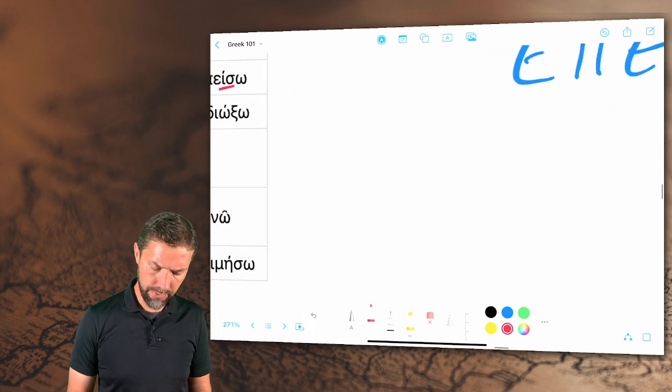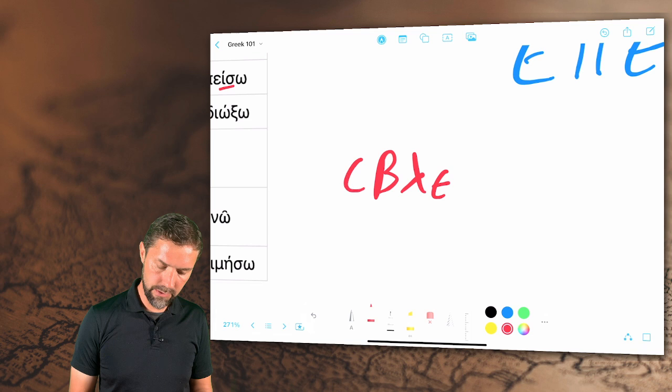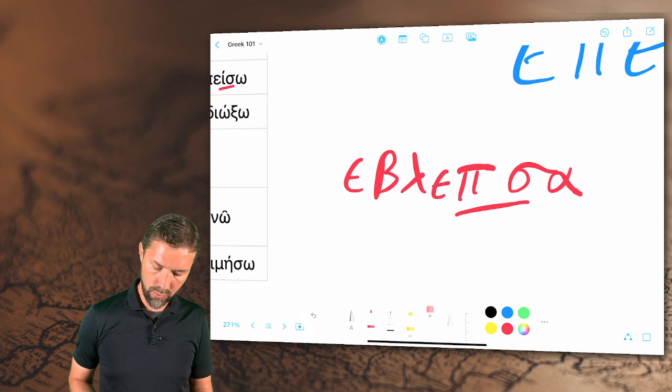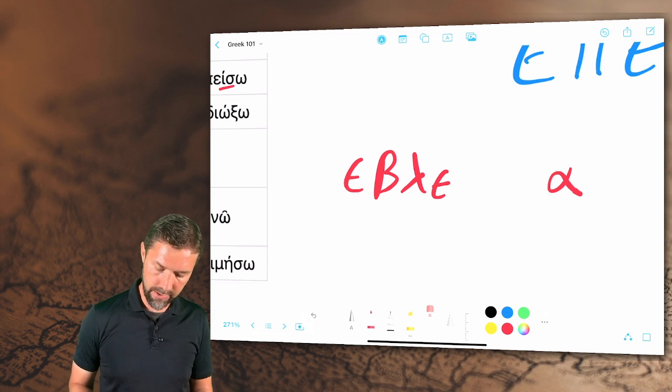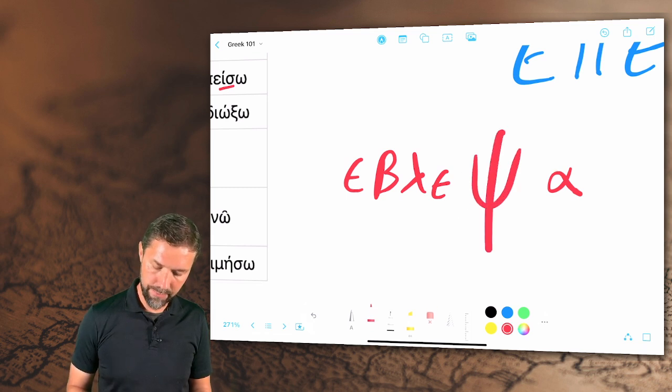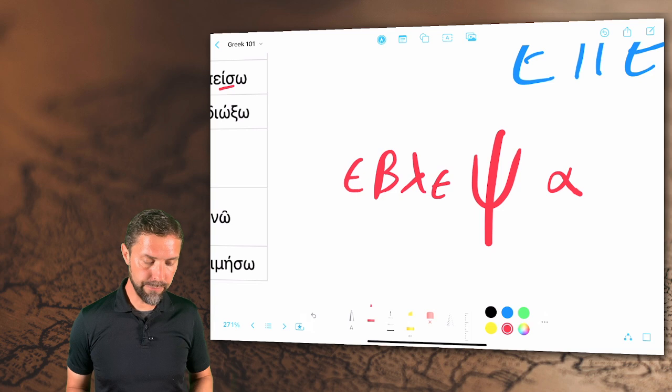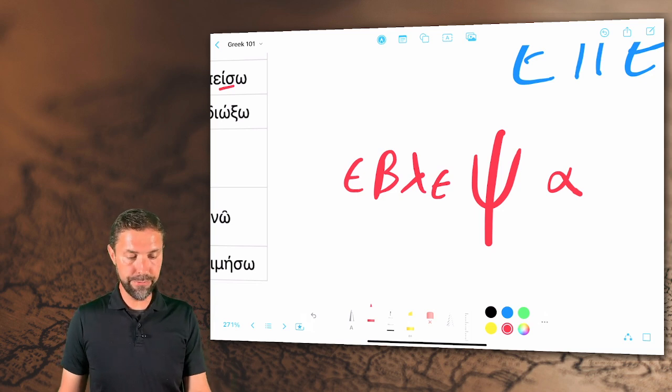One last example. This is blepo. And if I turn this into an aorist, I'll do blep. Now I've got p sigma alpha. What happens to those? P plus sigma will contract instead, and I'll end up with a psi. I'll end up with blepsa. Okay, those are the forms and how I would handle the morphology of the aorist.